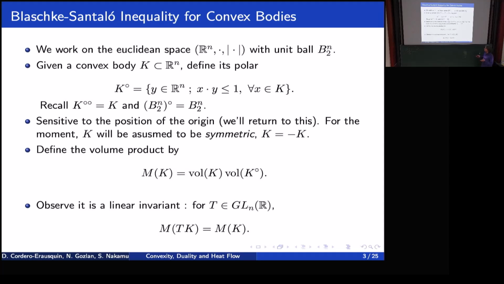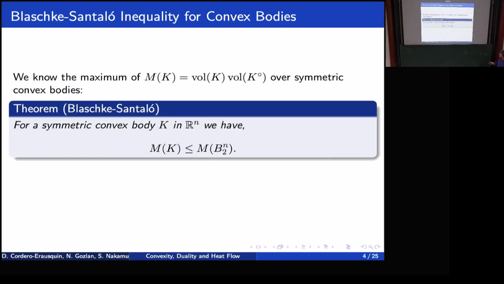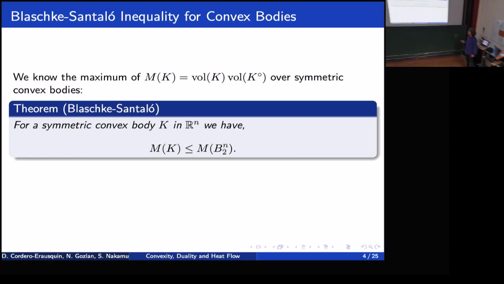So it makes sense to ask what is actually the maximum or the minimum of this quantity over all convex bodies. I will not talk today about the minimum, but we will look at the maximum. And the maximum, this famous theorem by Blaschke and Santalo, is attained for the Euclidean ball, and of course for any ellipsoid, because it is linearly invariant.